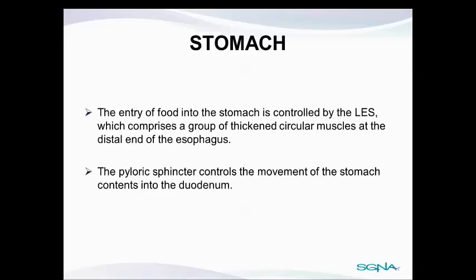The pyloric sphincter controls the movement of the stomach contents into the duodenum. The layer contracts to produce the peristaltic motion of the stomach while it churns and compresses the food during digestion.